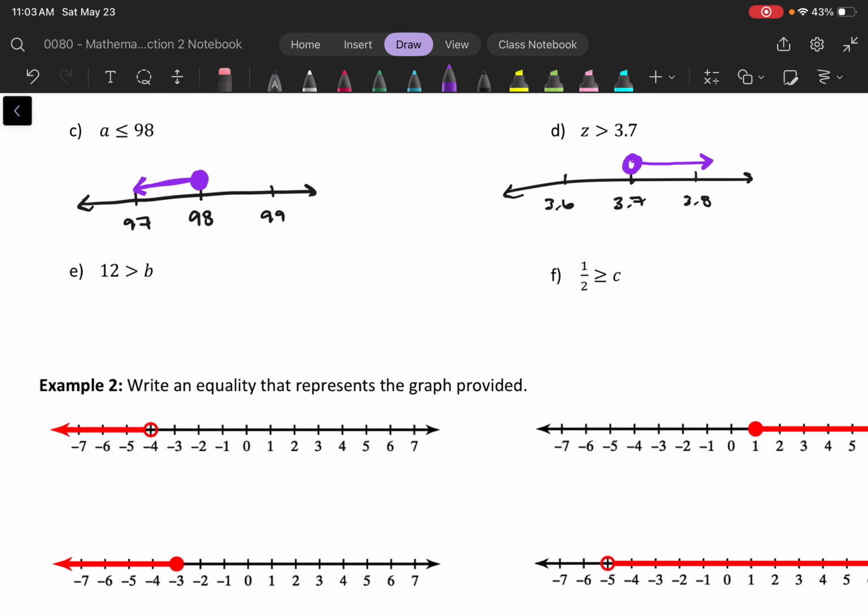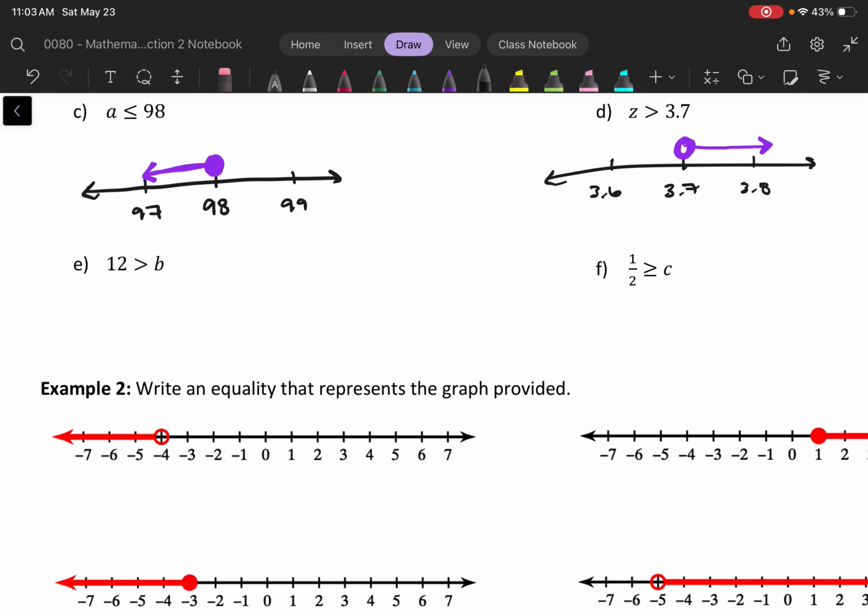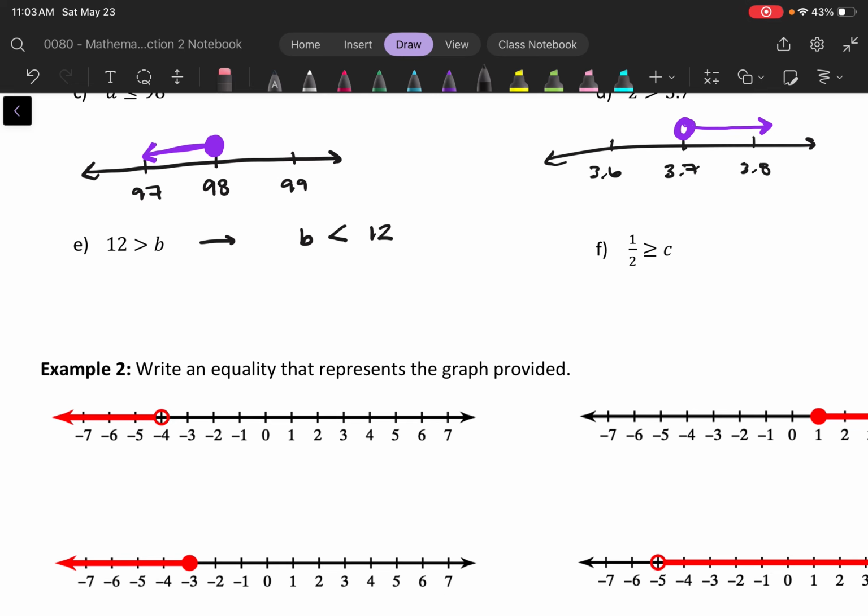Okay, the last 2. Now, the last 2 are not written in standard form. I like to start by writing them in standard form first. So I'm flipping the order of the inequality, which makes me flip the direction of the sign. I like doing this because for me, I find it's easier to graph the inequality from standard form.